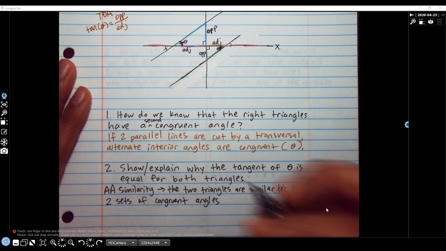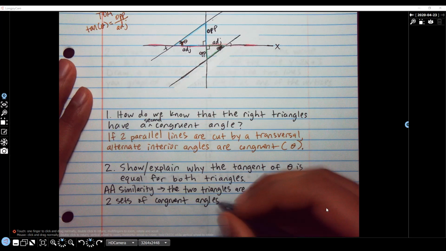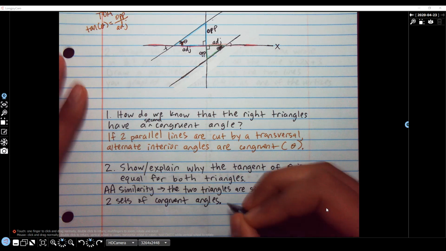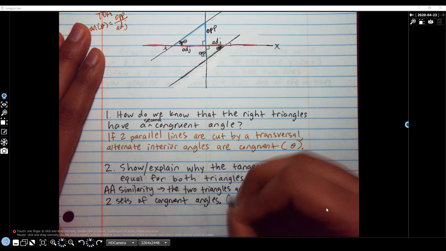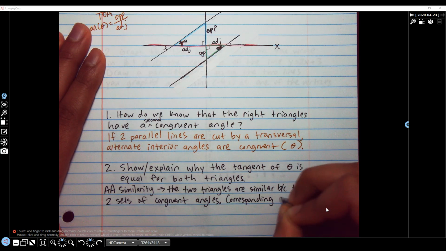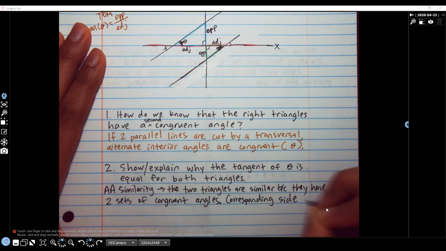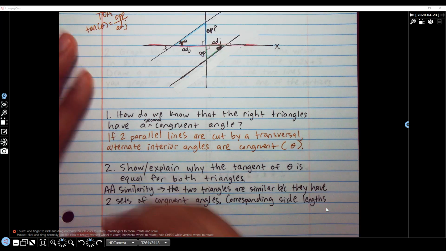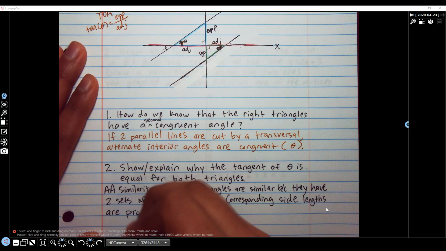So then this will lead us to saying that because they are similar, corresponding side lengths are proportional, right?